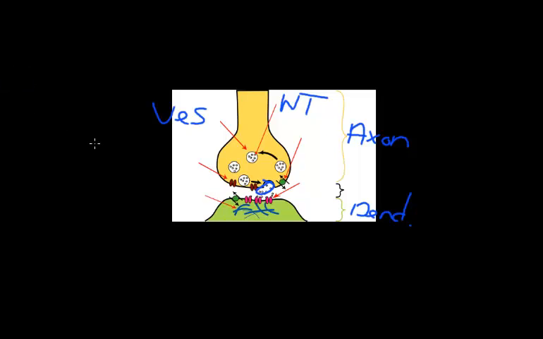That's going to be taken up by the receptors on the dendrite side, that is then going to trigger a chemical reaction that will stimulate a new action potential in the dendrite, and then that neurotransmitter will then be recycled back into the axon. So here we can see that recycling process happening as well.